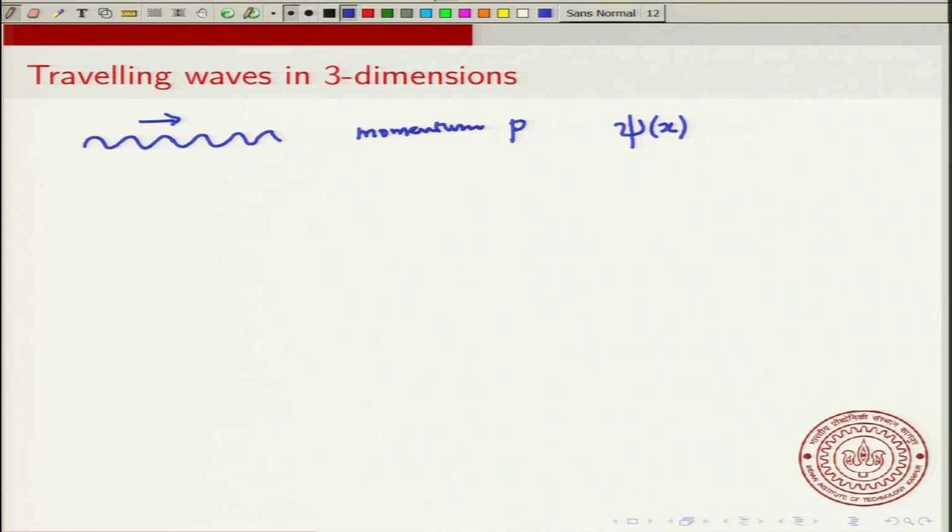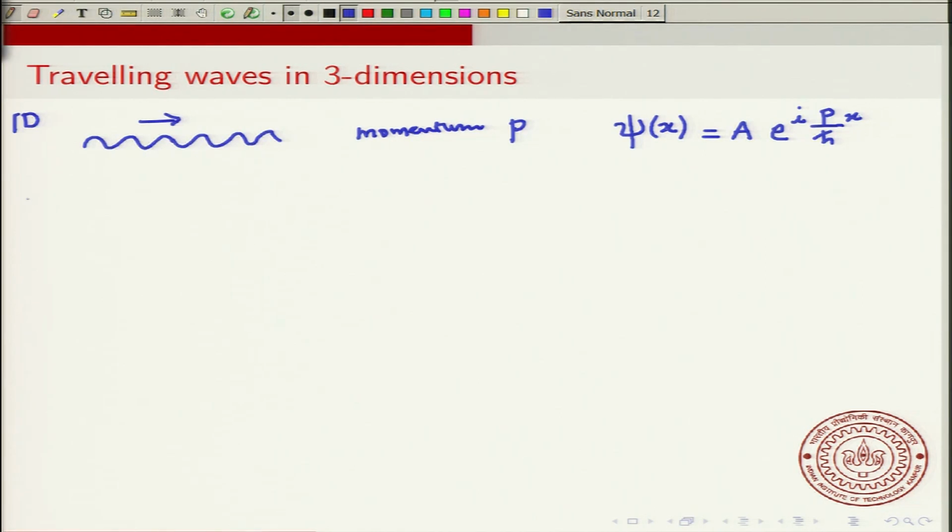So, the wave function for a travelling wave in one dimension, this is 1D, psi of x you can write as a constant times e to the i p by h cross x. This is a wave that is travelling with momentum p in the x direction.